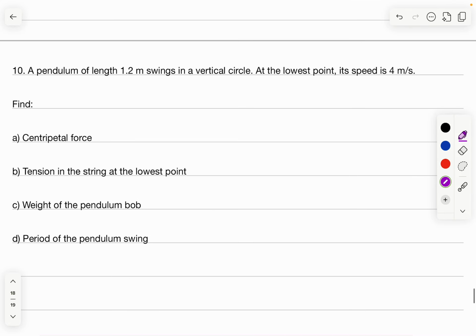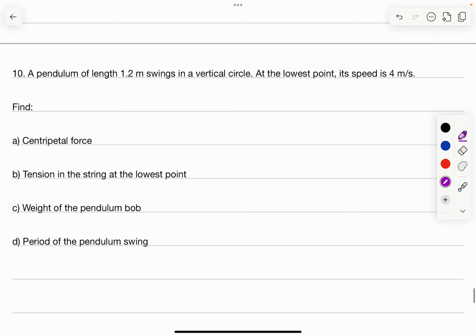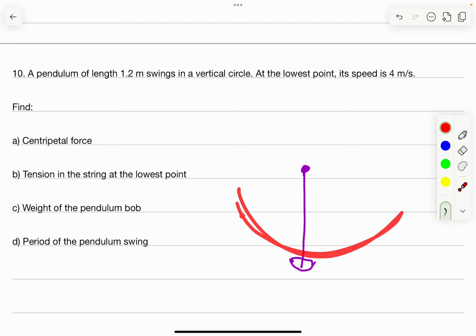A pendulum of length 1.2 swings in a vertical circle. This is a pendulum. A pendulum is a swing. That swing does like this. You push someone, it does like this.